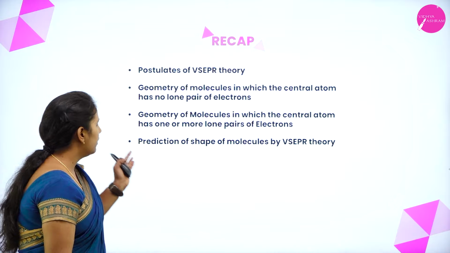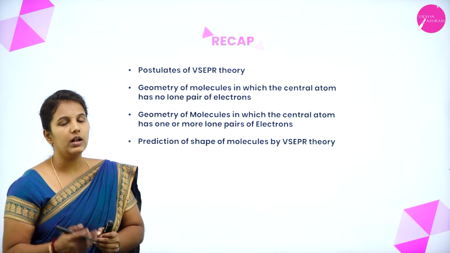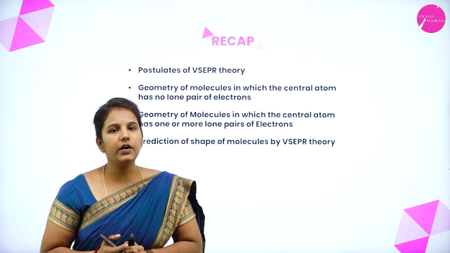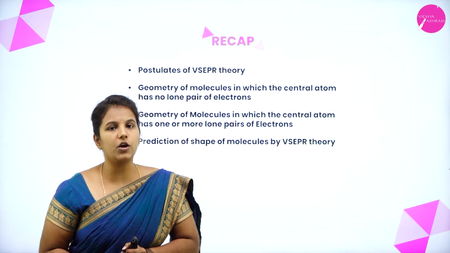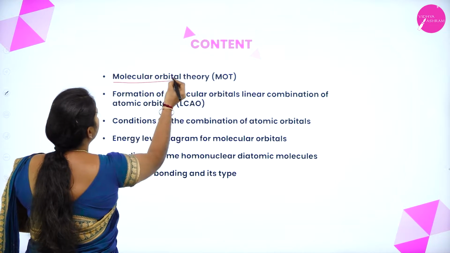In addition, we also discussed the prediction of the shape of the molecule by valence shell electron pair repulsion theory. Today, let us move on to the next topic of this unit by understanding the molecular orbital theory.